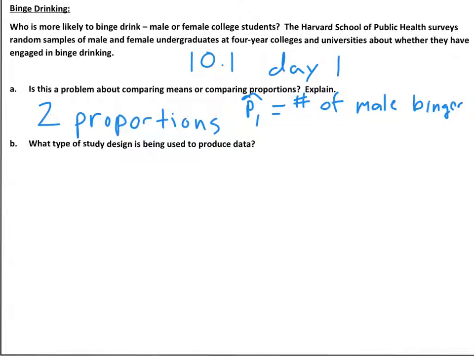Not sure if that's a word, but that's all right. Over total males. Okay, that's why it's a proportion, because that's the measurement that would have to be taken. How many individuals fit the event that you're talking about over the total?